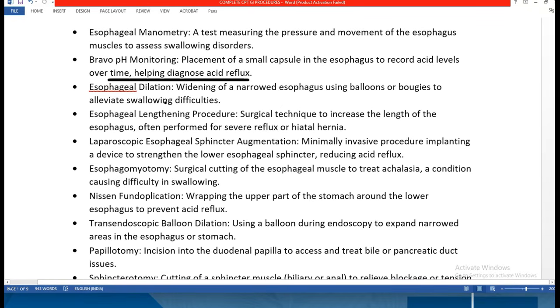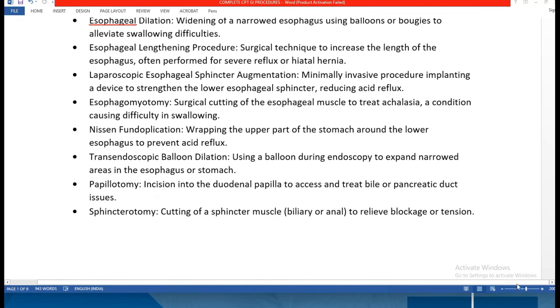Next, esophageal dilation. This is very simple. If the esophagus is narrowed, balloons or bougies are used to dilate the esophagus, which provides relief from difficulty swallowing. Next, we have esophageal lengthening procedures.